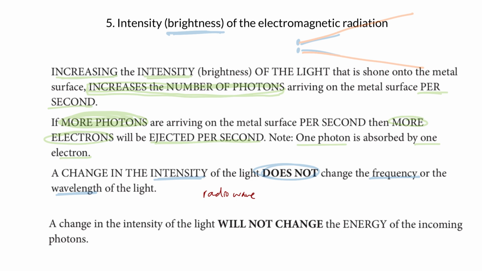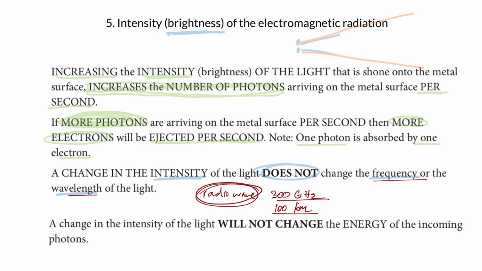So let's say, for example, it has a frequency of 300 gigahertz, and it has a wavelength of, let's say, 100 kilometers. That frequency and that wavelength, no matter how intense I make that light wave, it's not going to change that radio waves function at 300 gigahertz and can only reach up to 100 kilometers.